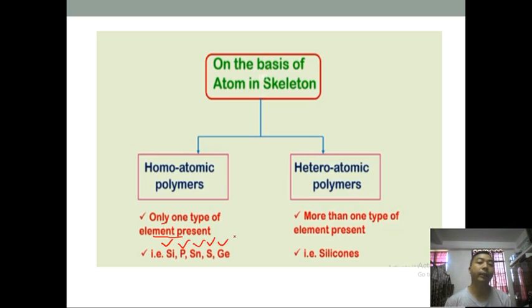Whereas in heteroatomic polymers, you see two or more types of elements present, for example silicones, where you will see an organosilicon compound, right? So on the basis of atoms in the skeleton, they are classified into homoatomic and heteroatomic polymers.